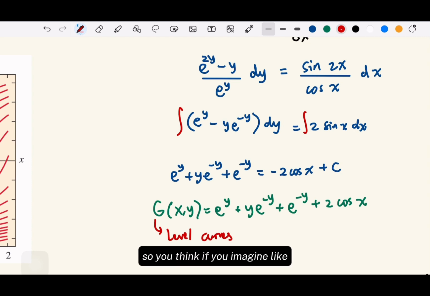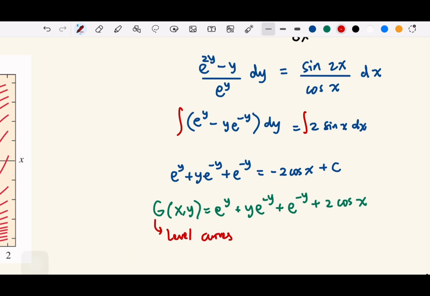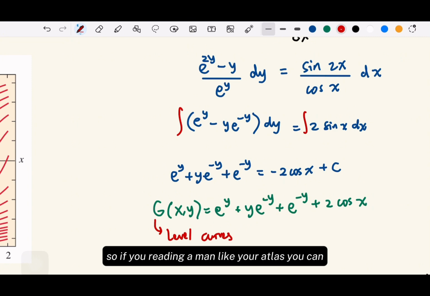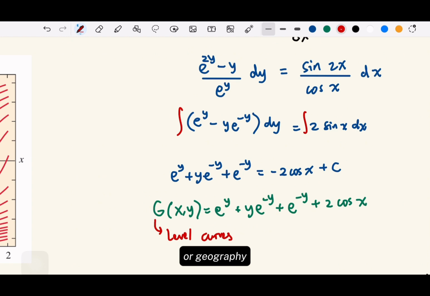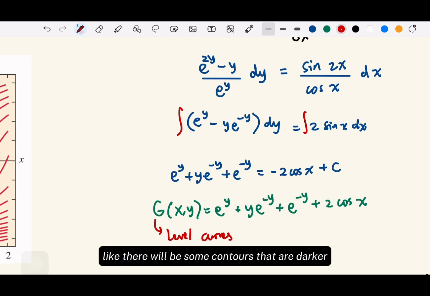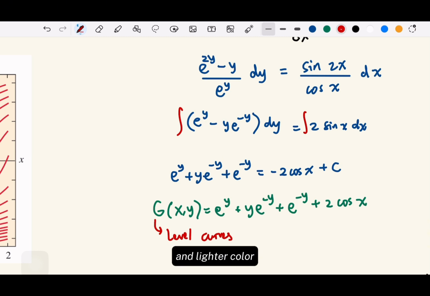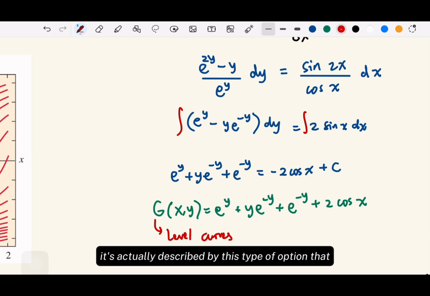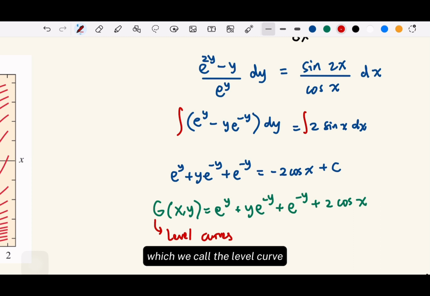So if you imagine, like the x-y is like the coordinate on the surface, and the value of g will determine the height. So you could imagine like a mountain. So if you reading a map, like your atlas or geography, so if you see, like there will be some contours that are darker and lighter color, it's actually described by this type of functions that which we call the level curve.